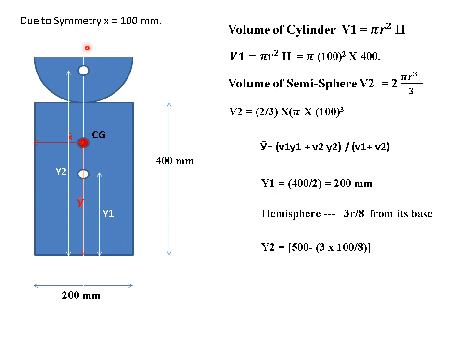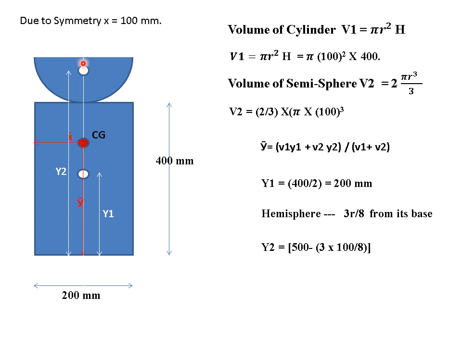For hemisphere, see from this base to the center of gravity of hemisphere, it will be 3r by 8. So I will be deducting from total height this distance. So total height is 400 plus this radius 100. So total height from base will be 500. 500 minus this, I will get height from this point to this point.